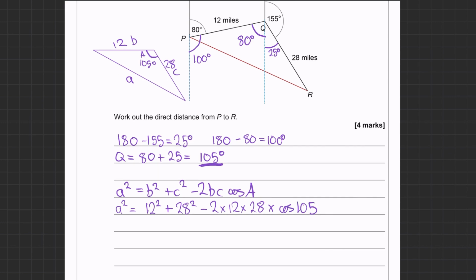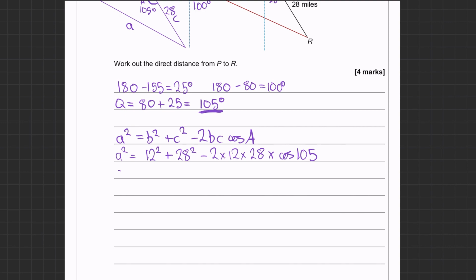Enter that into your calculator and you should get a squared equals 1101.926, etc. That's the side length squared, so you want to square root the answer. So A is equal to 33.20 miles to 2 decimal places.